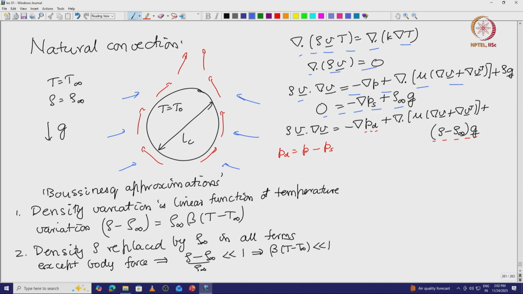Note that the density should actually decrease as the temperature increases as we have defined it, which means that the direction of acceleration due to the temperature variation goes from lower temperature to higher temperature, or from higher density to lower density. So, this density variation is a linear function of the temperature, where this beta is what is called the thermal expansion coefficient.